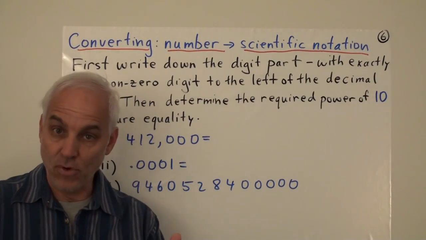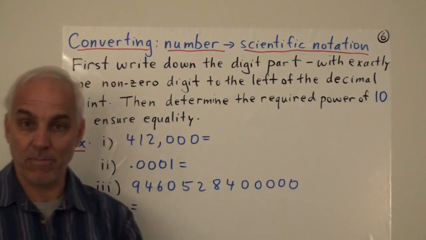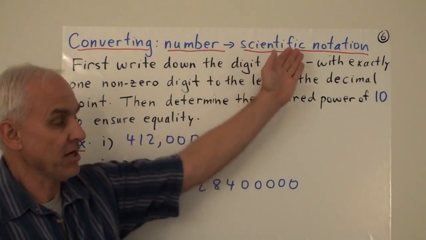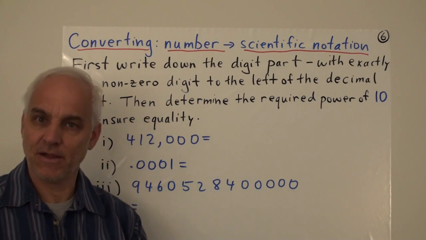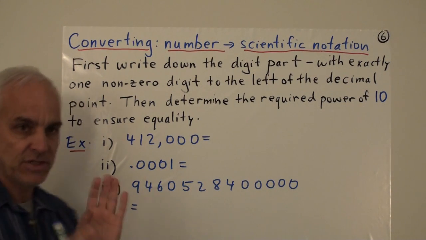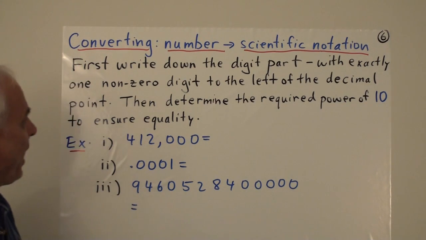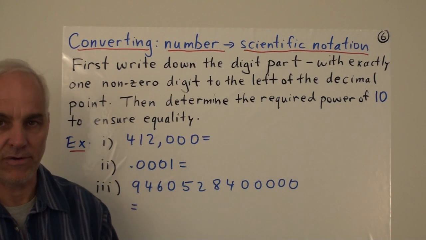The other thing that you, of course, need to be able to do is to go from an ordinary decimal representation of a number to scientific notation. So that's sort of reversing the procedure that we just explained. There's sort of 2 steps to this, and what I want you to do first is to write down the digit part.